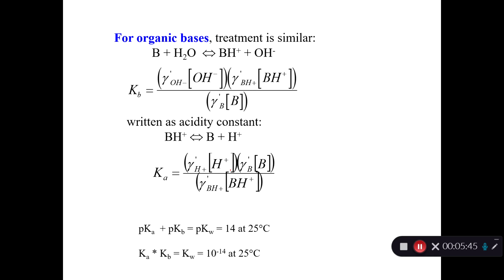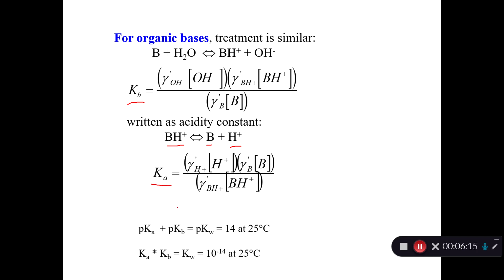For organic bases, the treatment is similar, except that you have B picking up a proton and leaving behind an OH minus hydroxide. You could write a Kb, a base dissociation or association constant, but that gets a little confusing, so what we do instead is we just write it as though it was an acidity constant. BH plus on this side goes to B and H plus over here. Then we could write this in the form of a Ka.